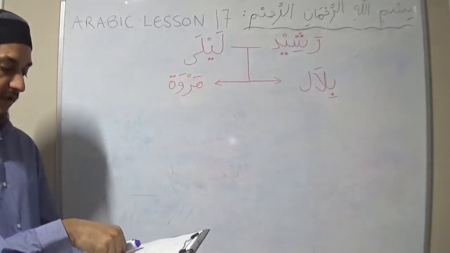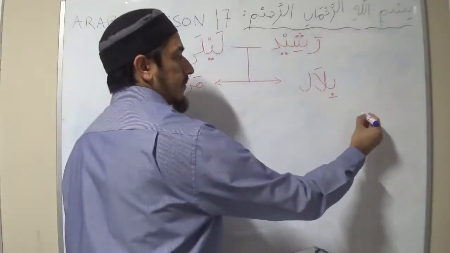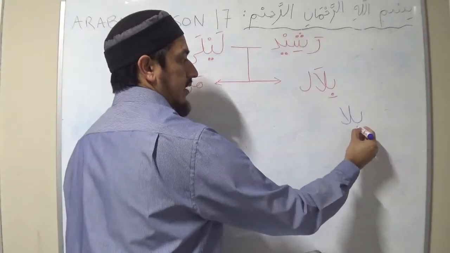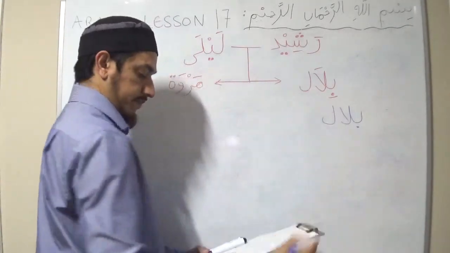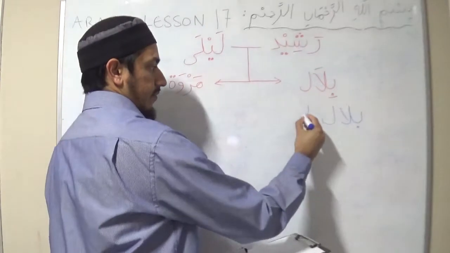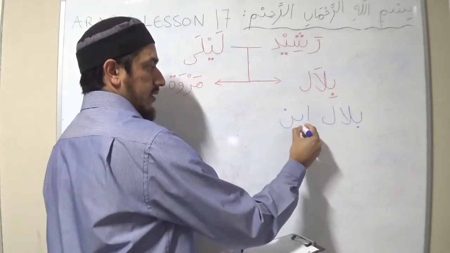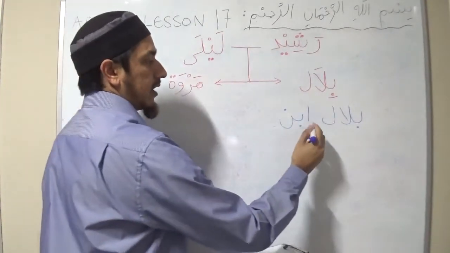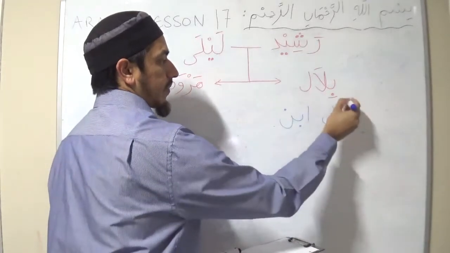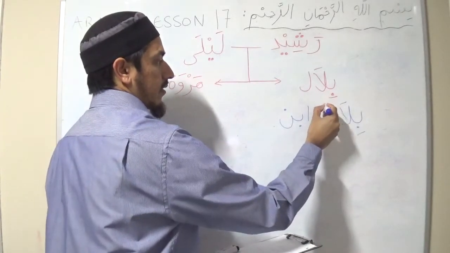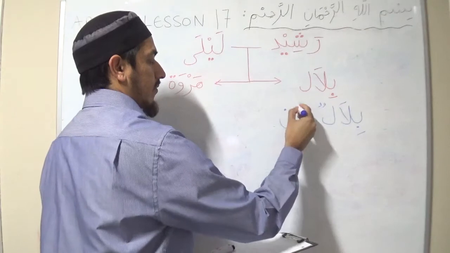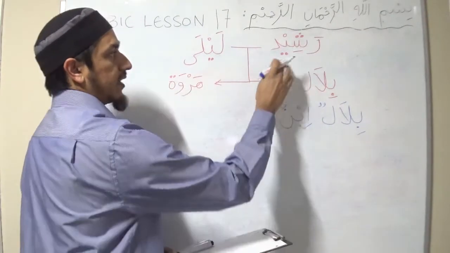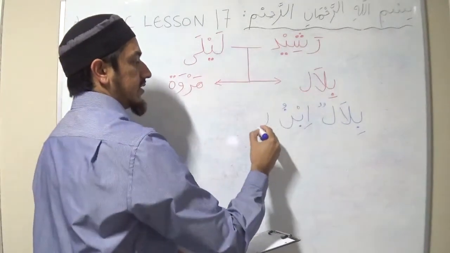So we have Bilal ibn. Bilal is the son. Ibnu, is the son of Rashid.